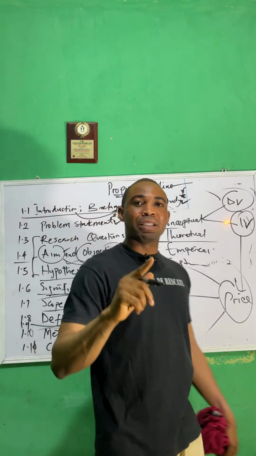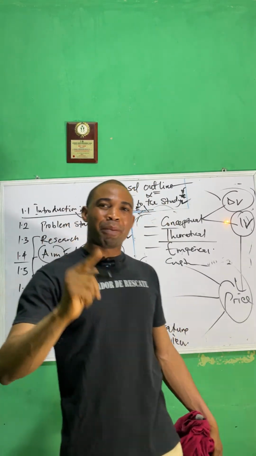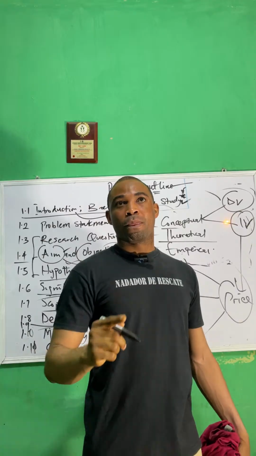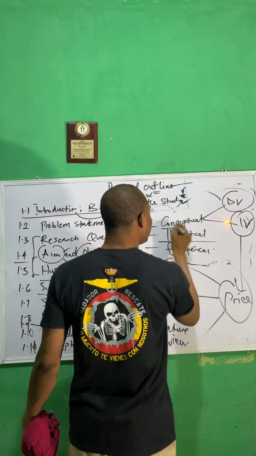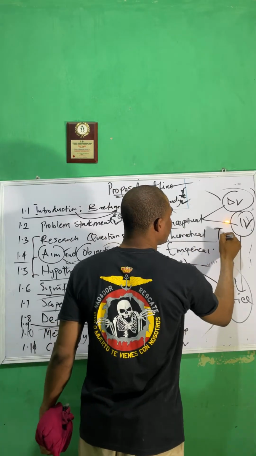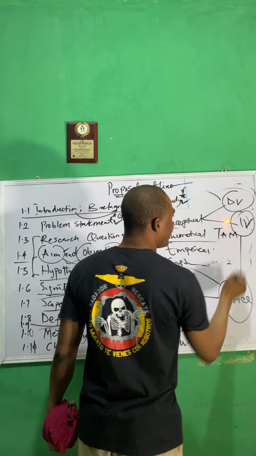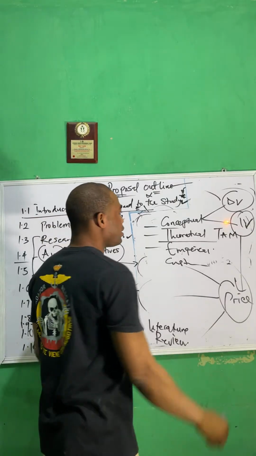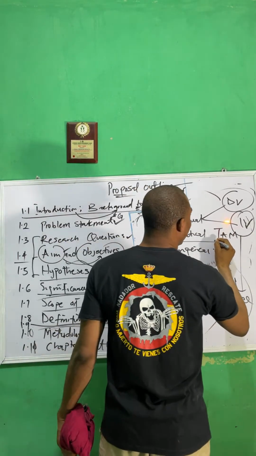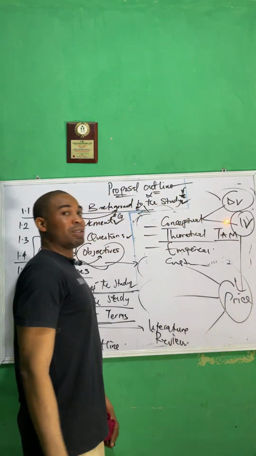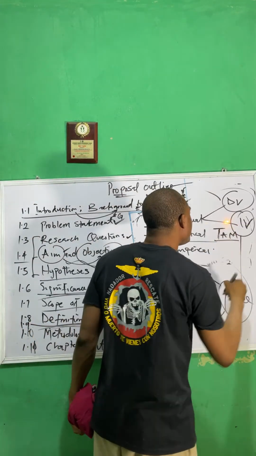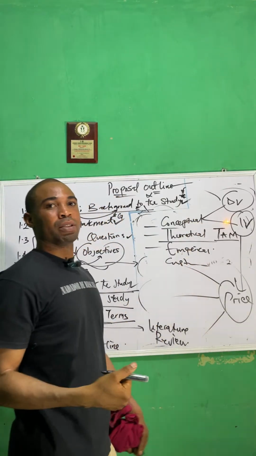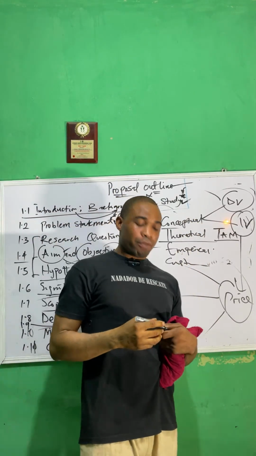For every study, there is always a theory that underpins that study. For this one, the theory that underpins this topic is TAM, the technology adoption model. You review the theory that underpins the study.